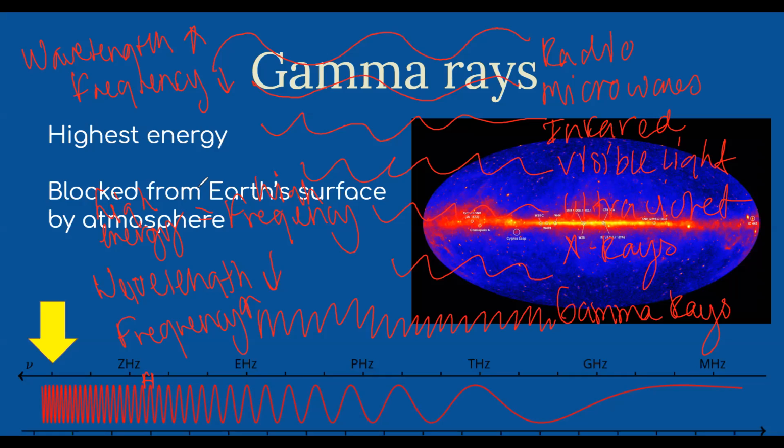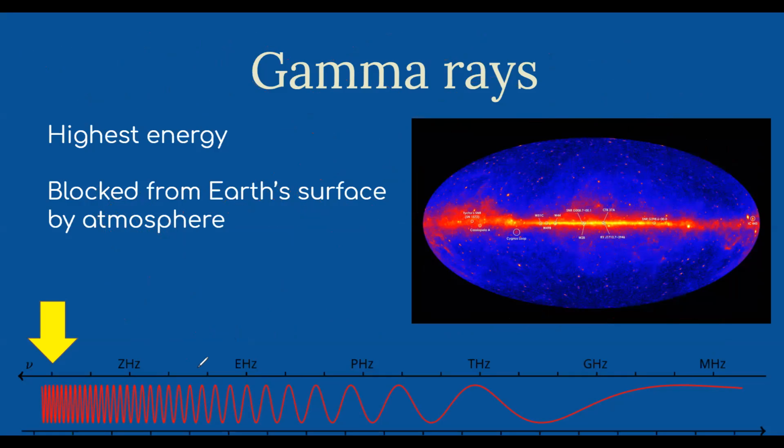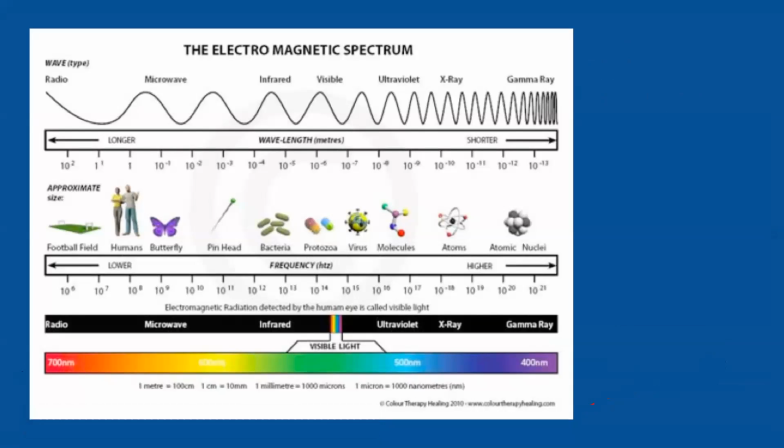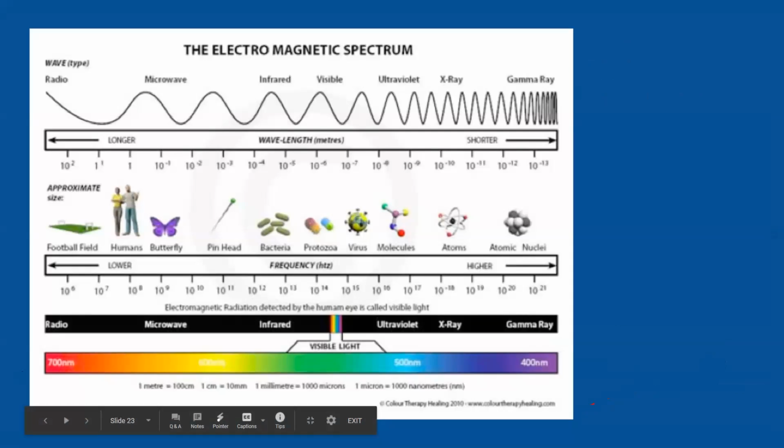And then we're going to come up with a mnemonic to try to remember this. So let's go to the last slide. This is just another picture of the electromagnetic spectrum.